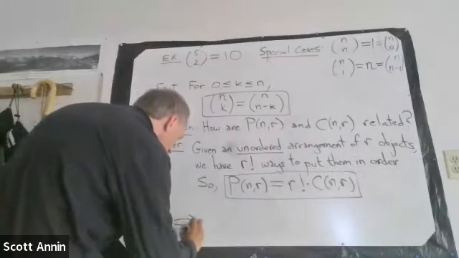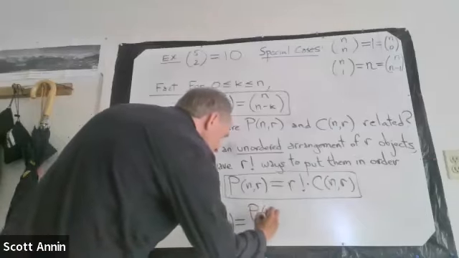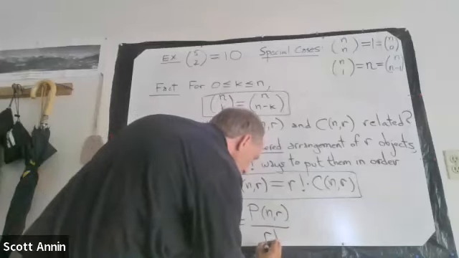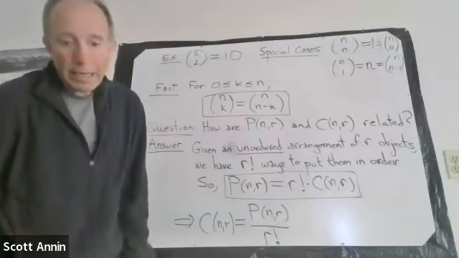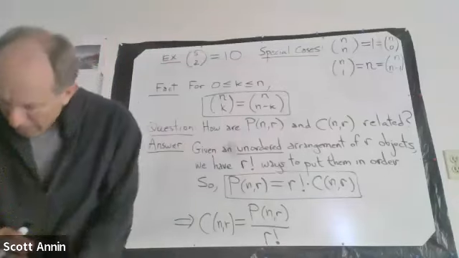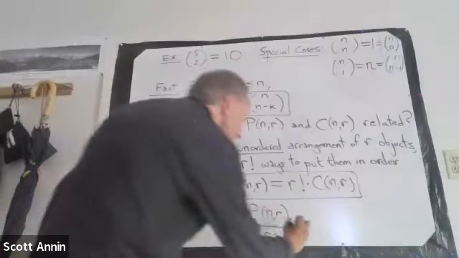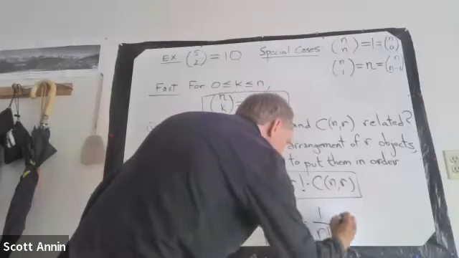And so in particular, I can solve for C of N, R. P of N, R, I can divide it by R factorial. Just moving things around. So I'm going to put the 1 over R factorial here in the front.